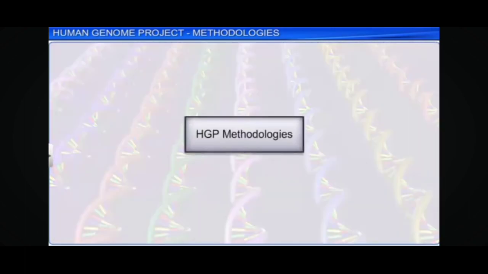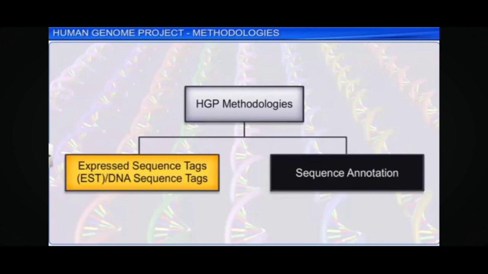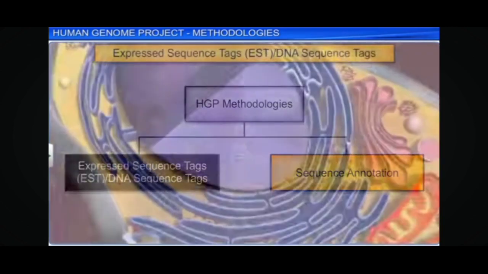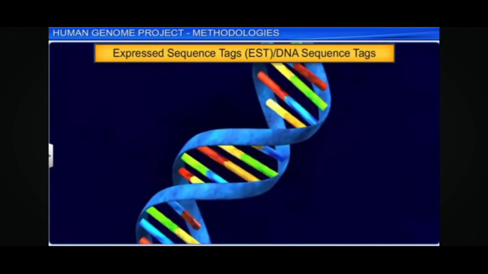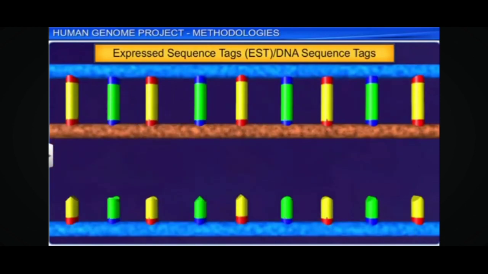HGP itself was made possible by 2 major methodologies of biological research: expressed sequence tags or ESTs, or DNA sequence tags and sequence annotation. In EST or DNA sequence tag method, the focus was on identifying and isolating all genes that expressed as RNA.